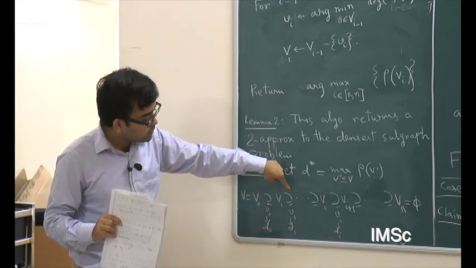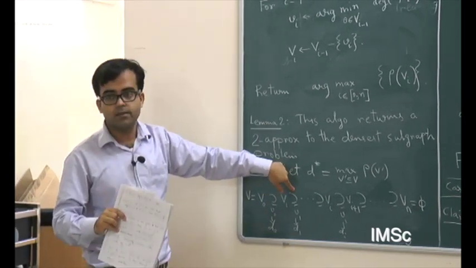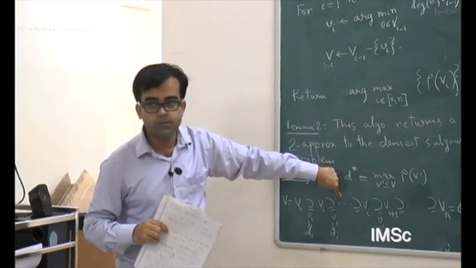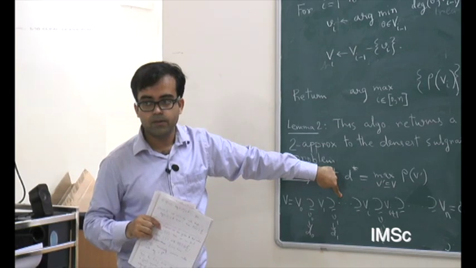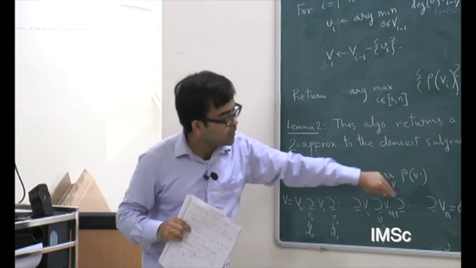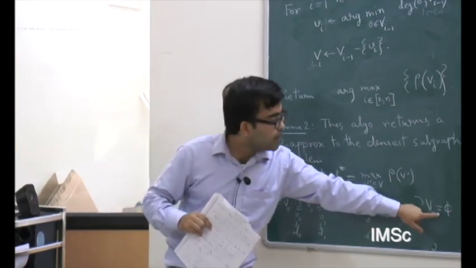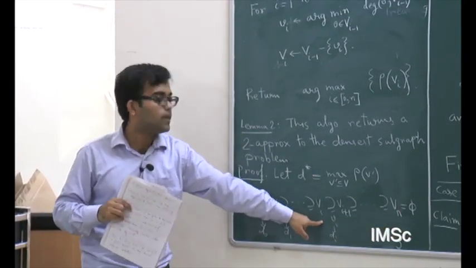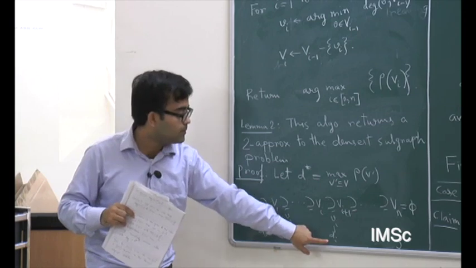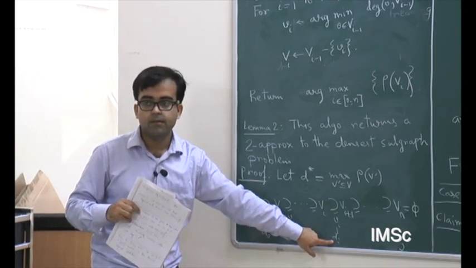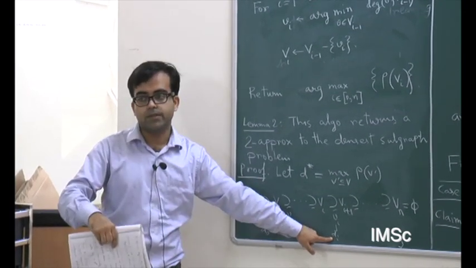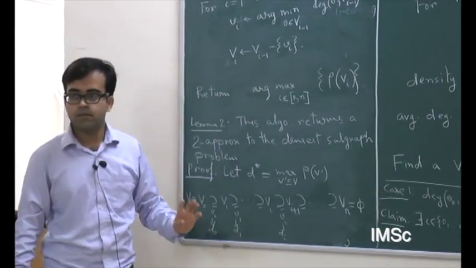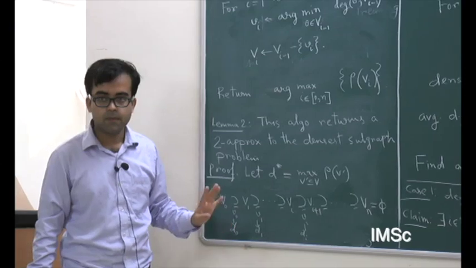And then again if d1 is less than D star, then every node from that densest subgraph survives in V2, and you go on like this, but in the end you end up with an empty set. So a time must come, say at i, where you observe that di is greater than or equal to D star. Then you just apply this argument. Okay? Clear?